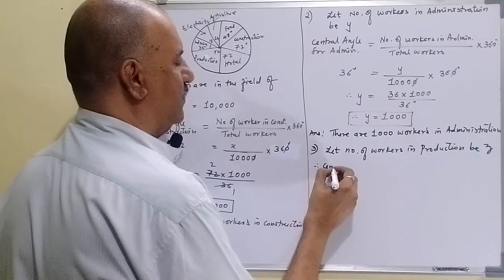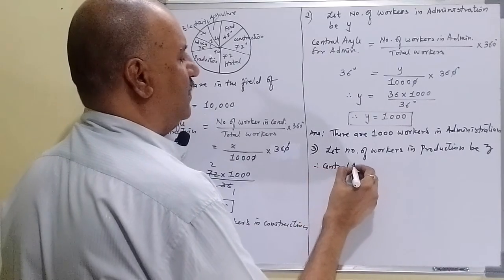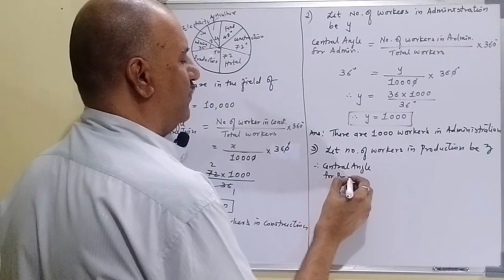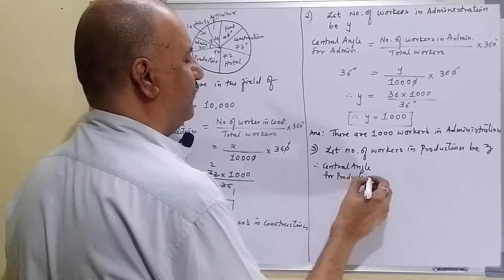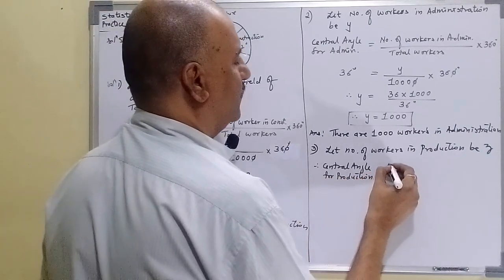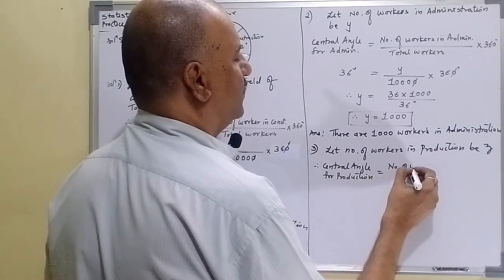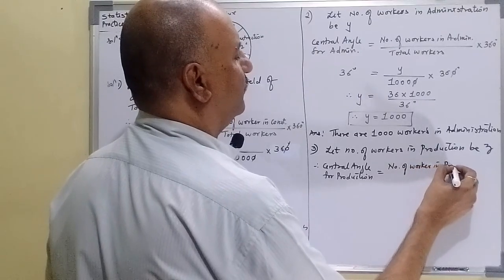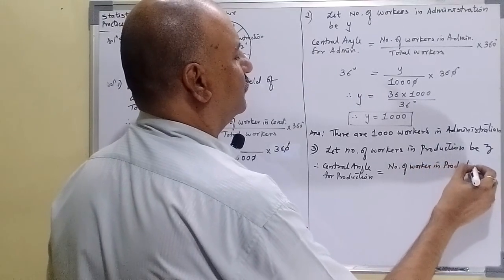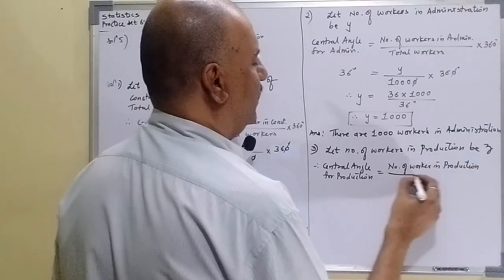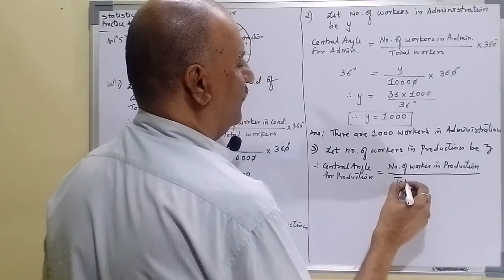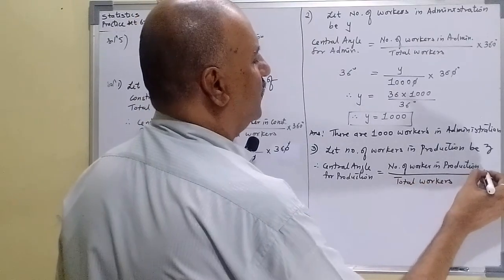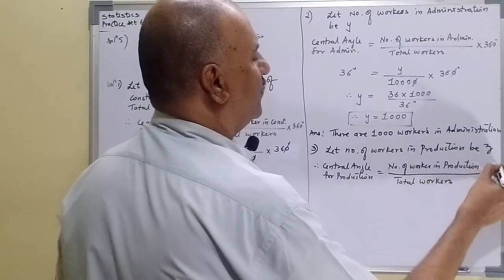Therefore, central angle for production is number of workers in production divided by total workers into 360.